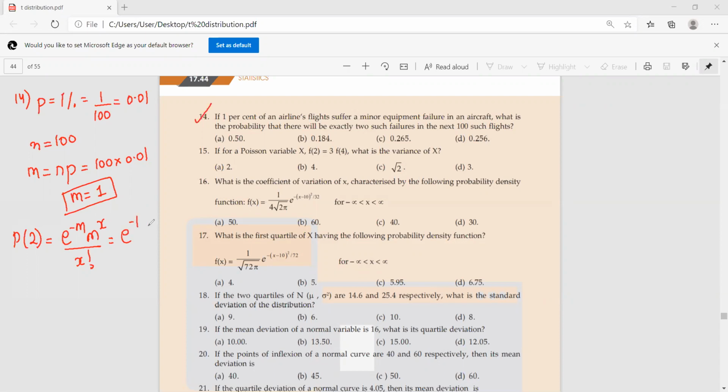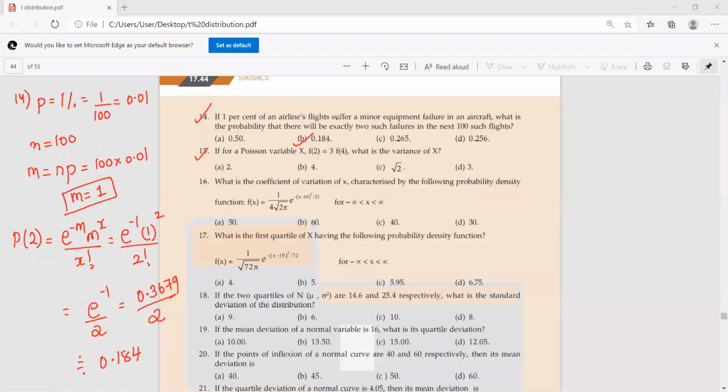That turns out to be e to the power minus 1 by 2 factorial, so it is e to the power minus 1 by 2. We have already found e to the power minus 1 is 0.3679, so divided by 2 the answer is approximately 0.184, exactly half of this. So the answer is B.